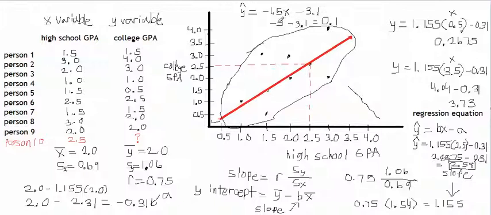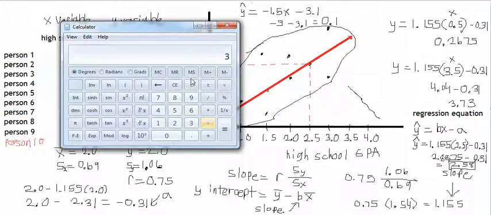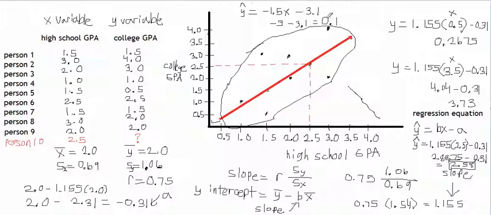Or you could just say negative 3 minus 3.1. In order to do that, you actually add the two numbers. 3 plus 3.1 is 6.1, but you change it to a negative. So it would be negative 6.1. That would be the prediction.